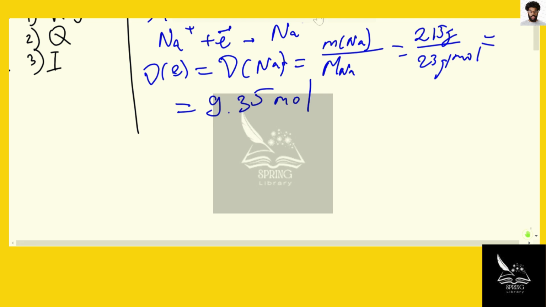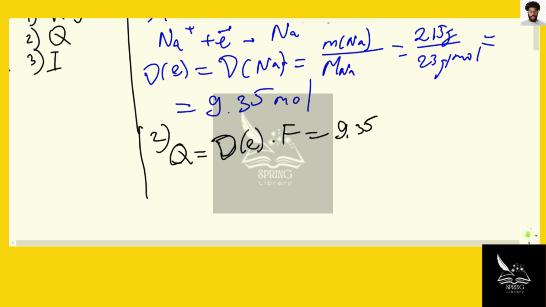Second question is to find the charge which is required to perform this electrolysis. Charge equals the number of moles of electrons multiplied by the Faraday constant, or 9.35 moles of electrons multiplied by 96,500 coulombs per mole.